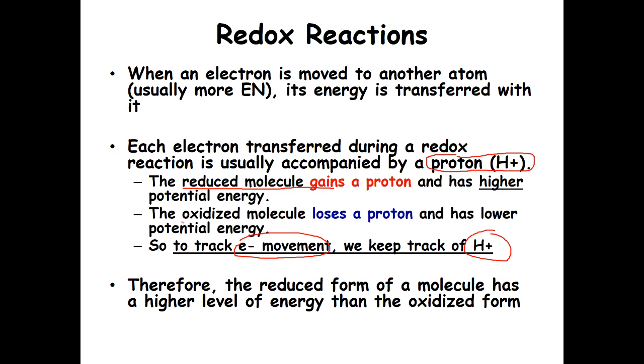Same thing, an oxidized molecule loses an electron, which is the same as a hydrogen, and has less potential energy. So the summary is that the reduced form of a molecule always has more energy.